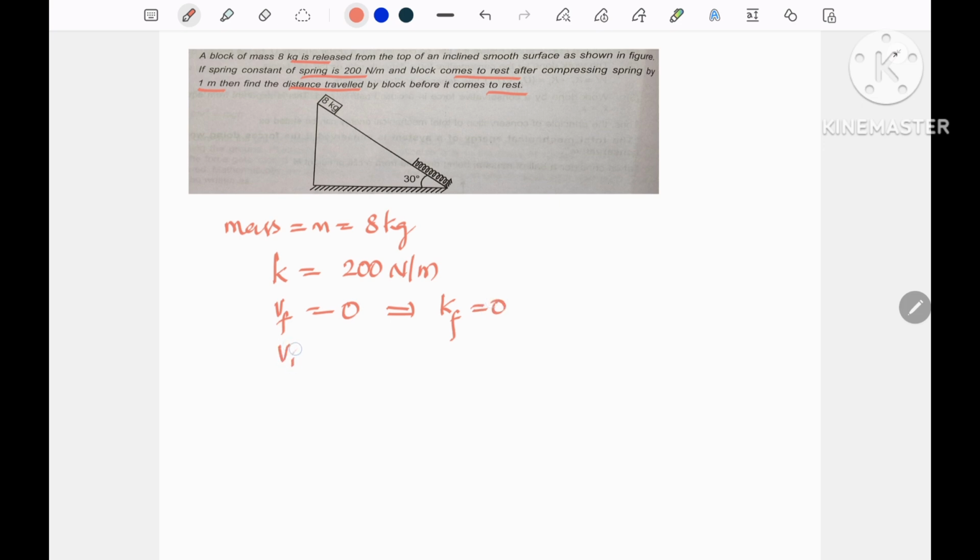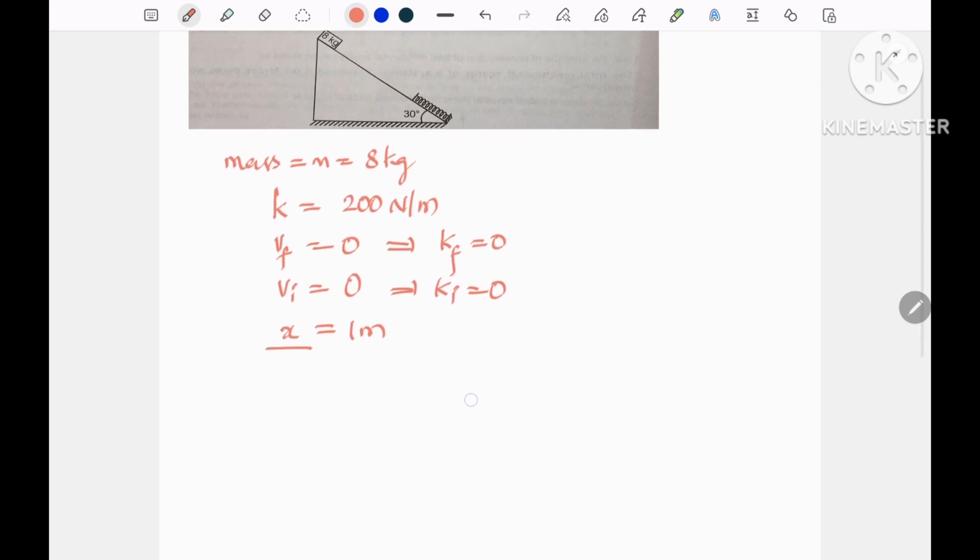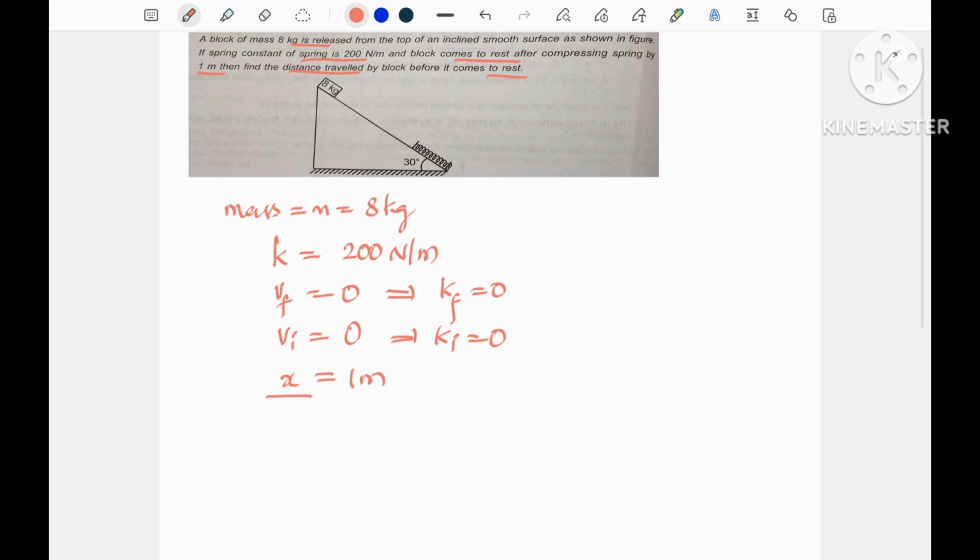Initially the block is at rest, so the initial velocity is also 0, and the initial kinetic energy is also 0. After that it compresses the spring by 1 meter, so x equal to 1 meter, which is the compression in the spring. Okay, so now let us redraw the diagram.